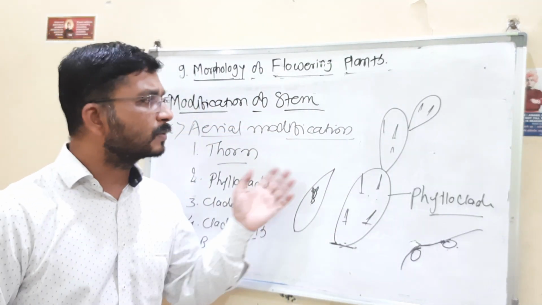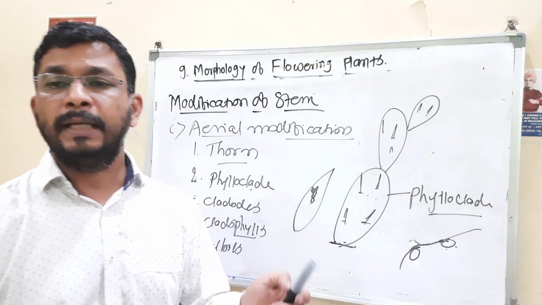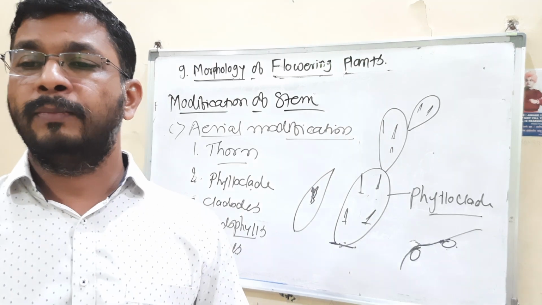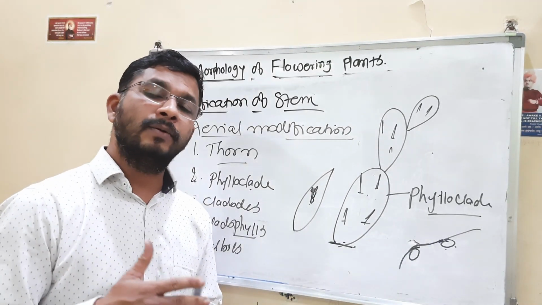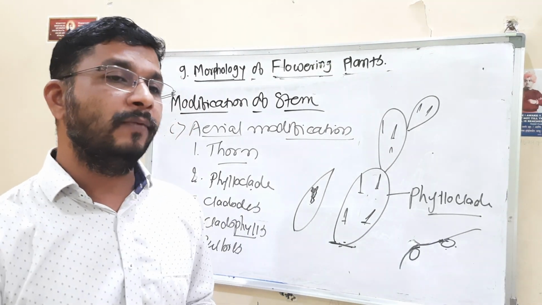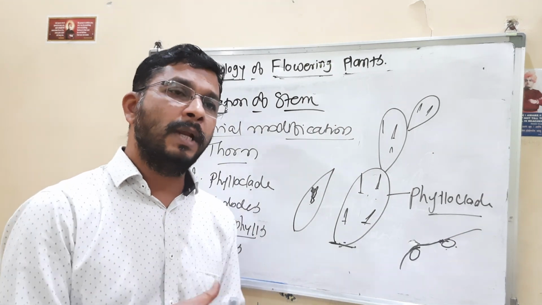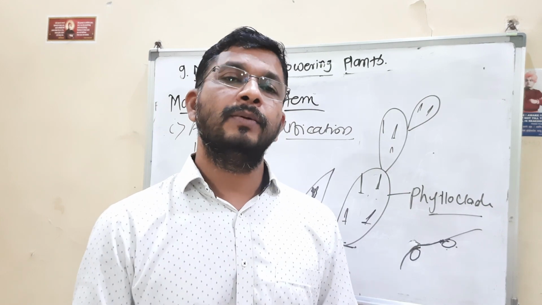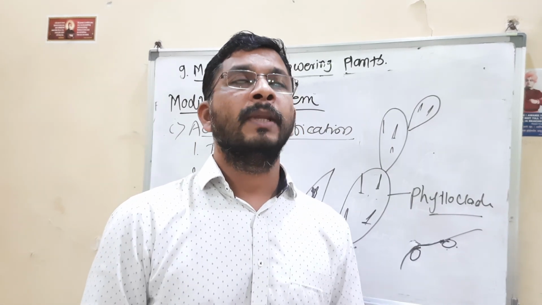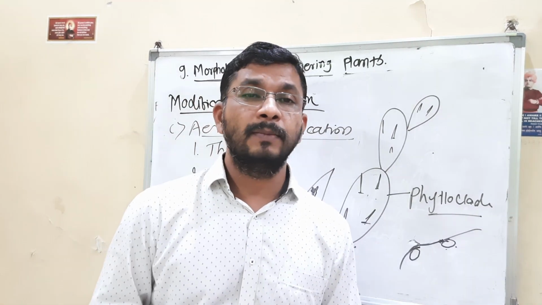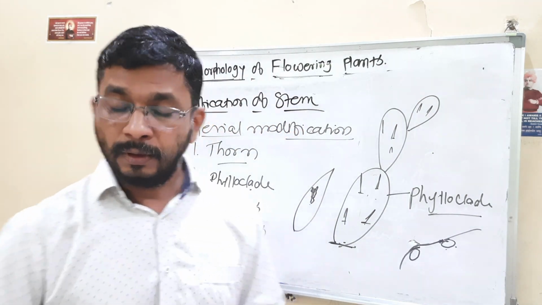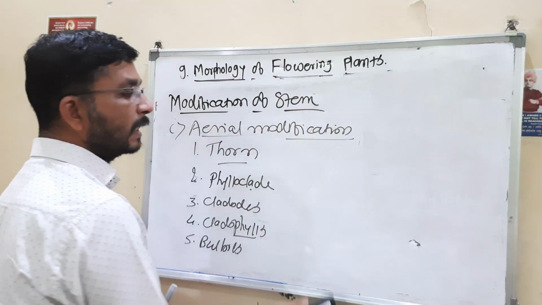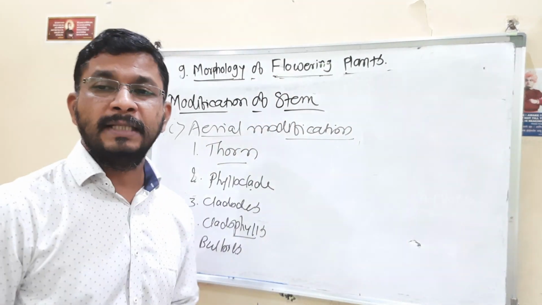And other structures are also present, like stem tendrils. Those stems that are unable to give mechanical support produce a wire-like, tube-like structure, and that is called a tendril.